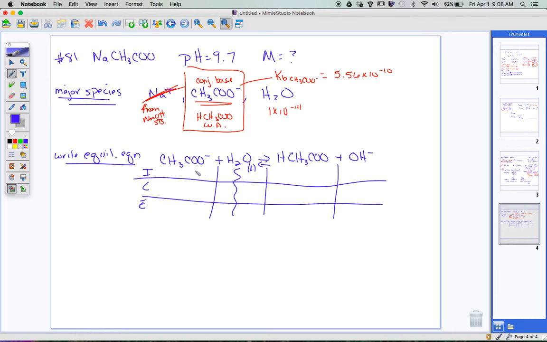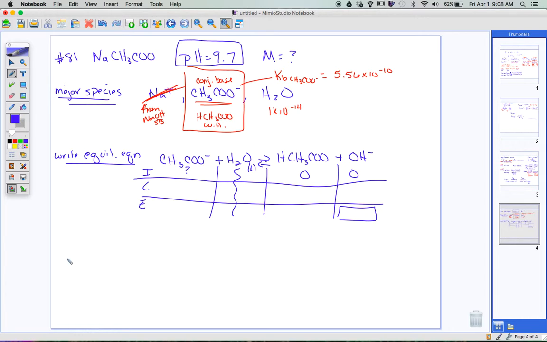And we know these initials are 0, but we don't know what this initial concentration is. That's basically what they're asking us to find. We do, however, know this number. We know the hydroxide concentration at equilibrium because we know the pH. So you can go from pH to H plus concentration and then to the OH minus.